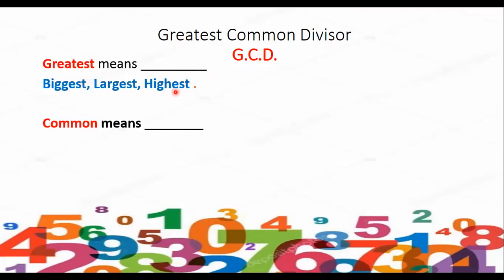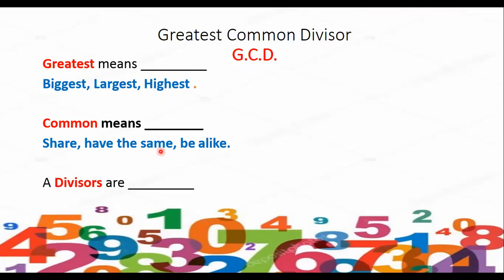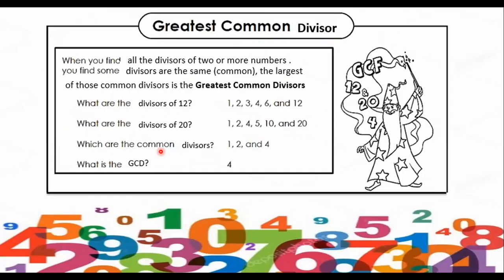Common means they share the same number. And divisors mean the factors. If I want to find the greatest common divisor for two numbers, first I have to find the divisors, then I search for the common divisors, then the G.C.D is the biggest one of the common divisors.